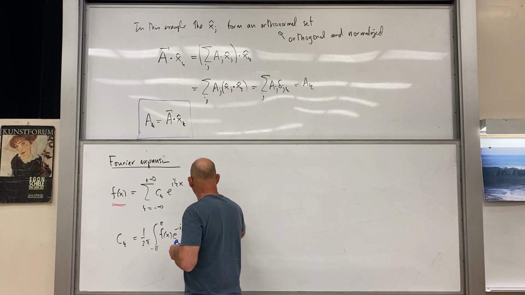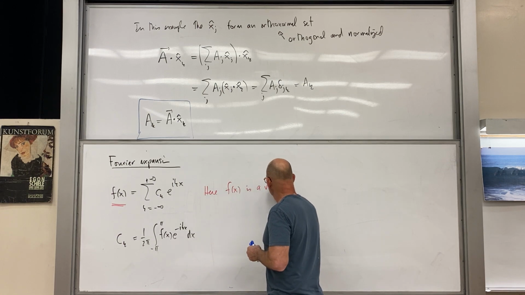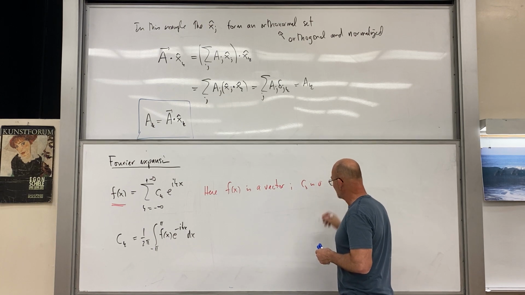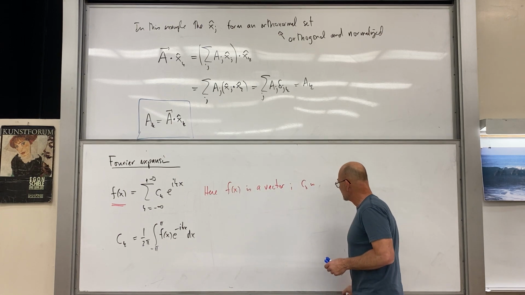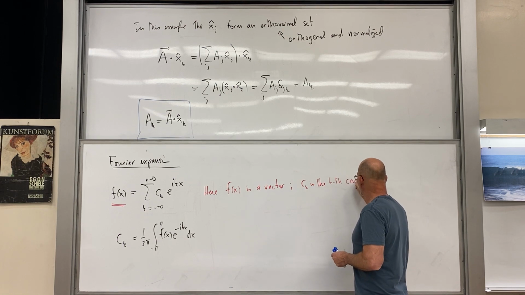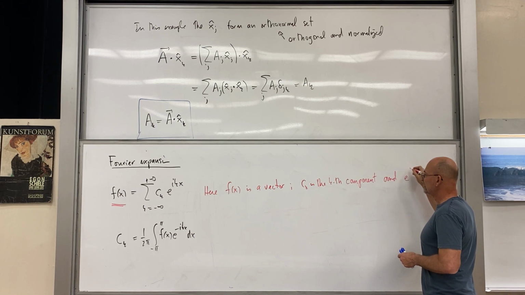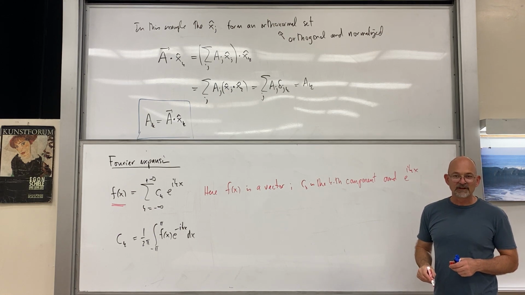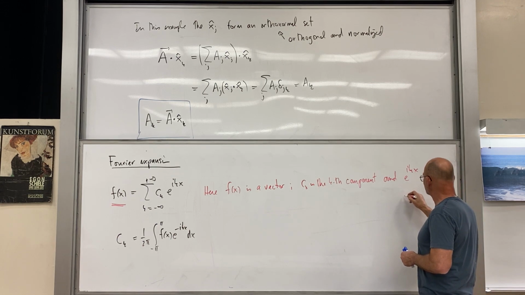So here, f of x is a vector. c sub k is the kth coefficient, the kth component of the vector, and e to the i kx is a basis function.